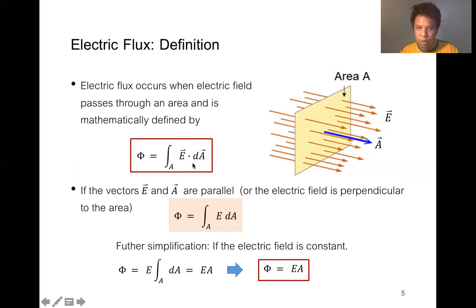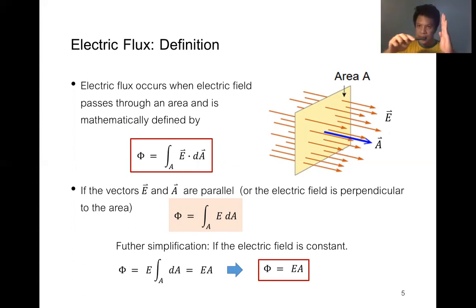In the dot product, we consider only the component of E that is perpendicular to the area. So if E is parallel to the area, we do not count the flux.